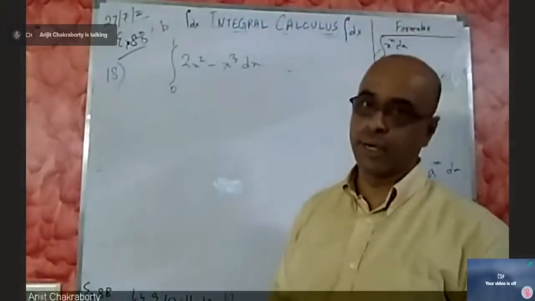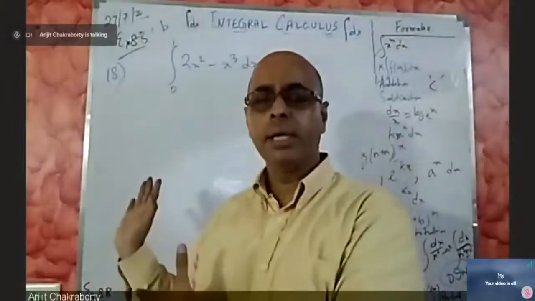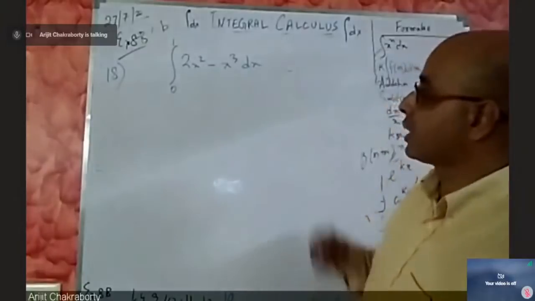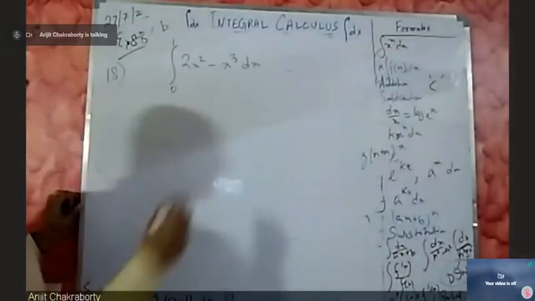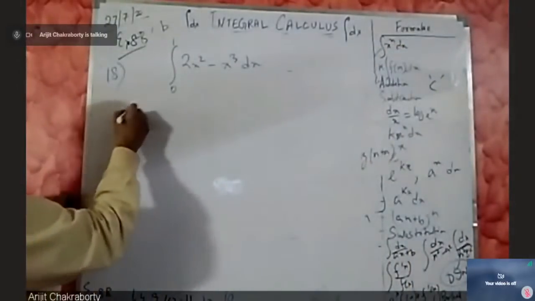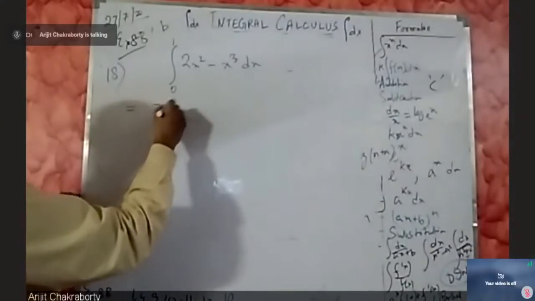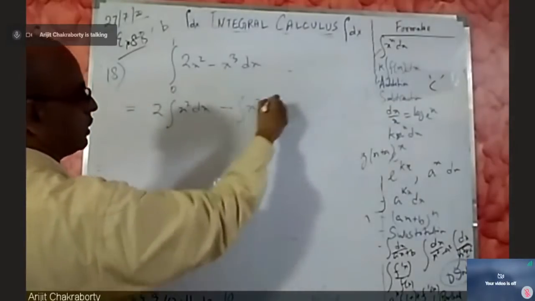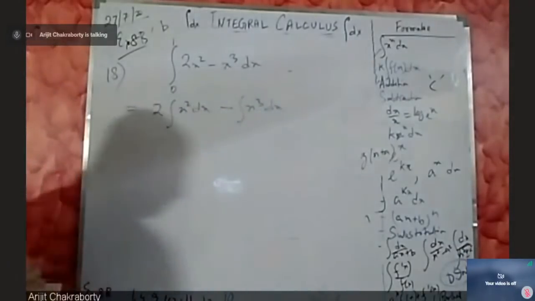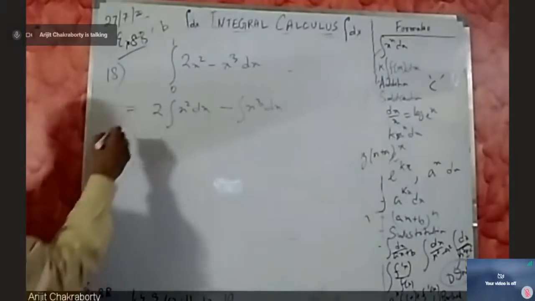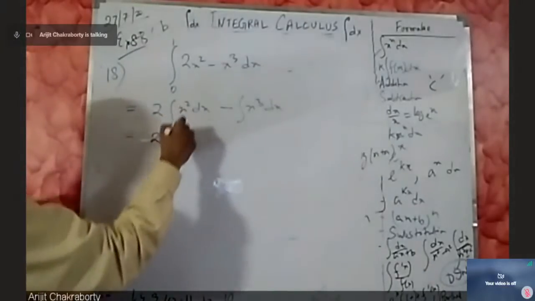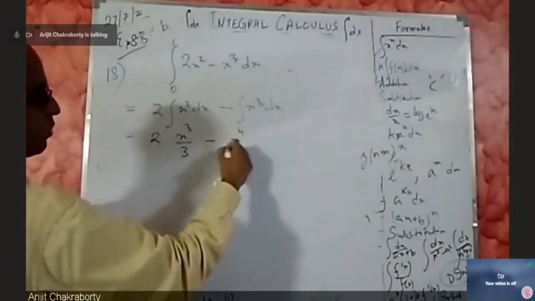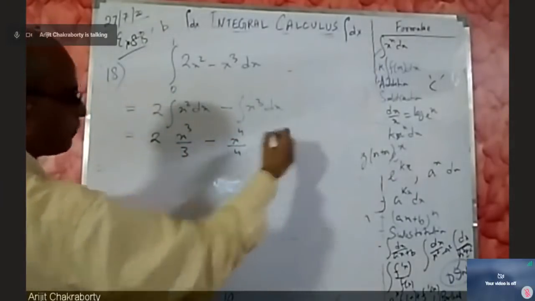So it's a question of definite integral, and we have handled and solved similar questions so far. Let me try out and see what happens. We use the subtraction method. First we do it like this: 2 into x squared dx minus x cube dx. This boils down to 2 into x cube by 3 minus x to the power 4 by 4 plus c.